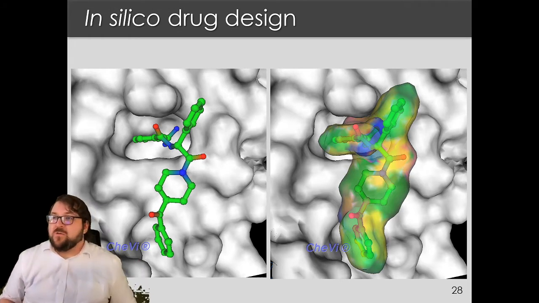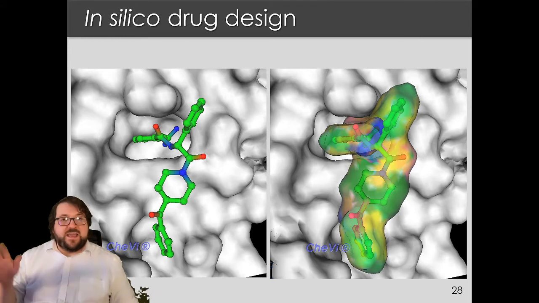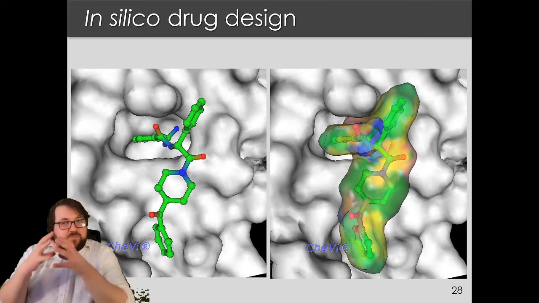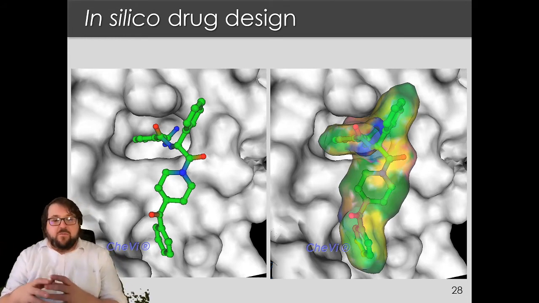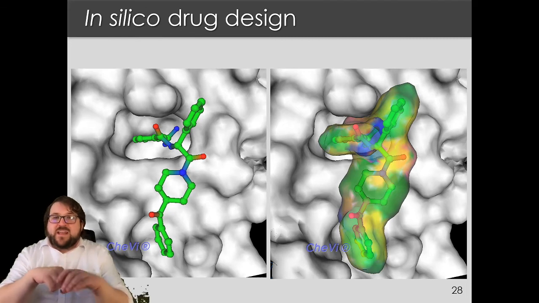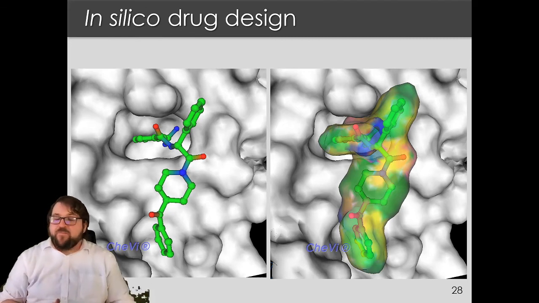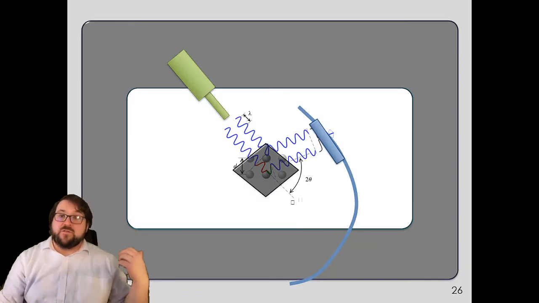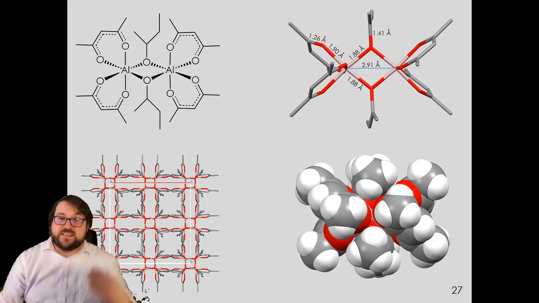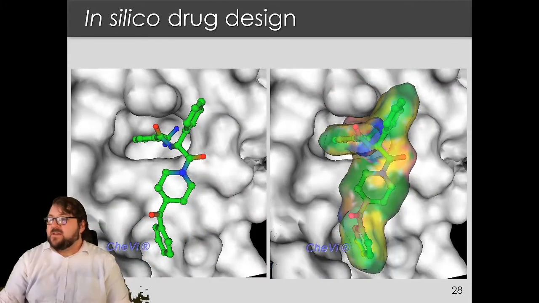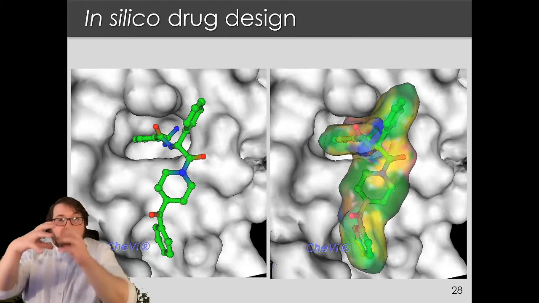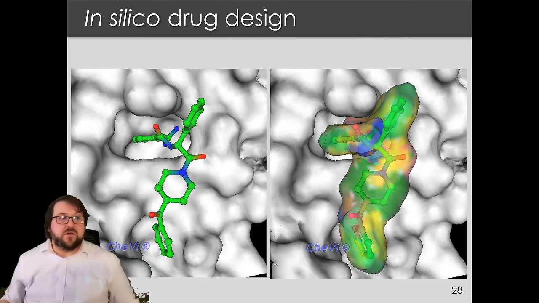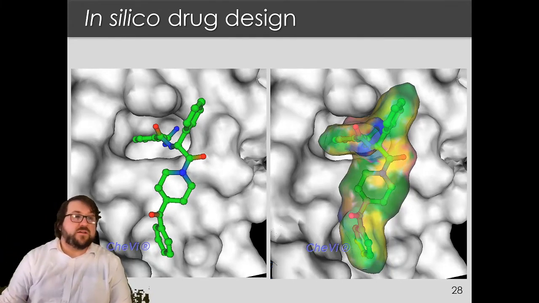Let's say you know that you want to try and trigger insulin to be made, and that there's a protein in the pancreas that when it joins with a compound, it triggers the production of insulin. Well, all you have to do is tell the computer, look, here's the structure of the protein, which we would have got from crystallography. We would have used this whole process to get a physical, mathematical picture of the protein. And basically, I want you to design a compound that will fit into that little hole. And so that's what it'll do.